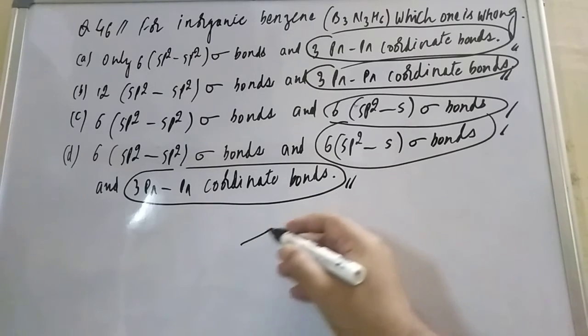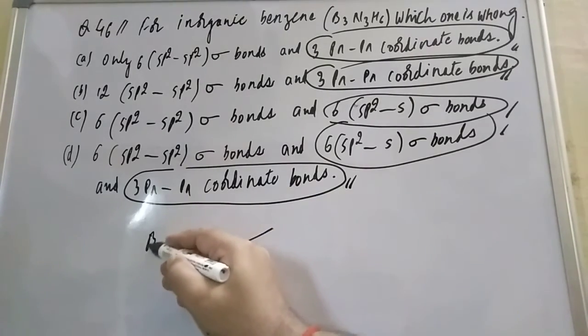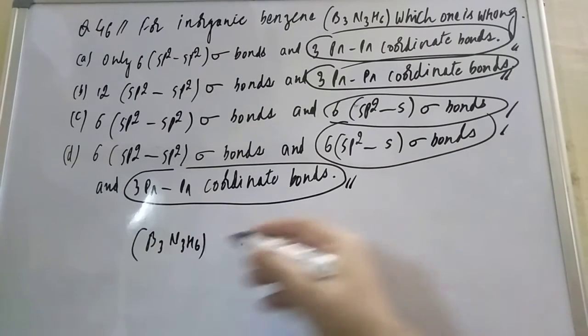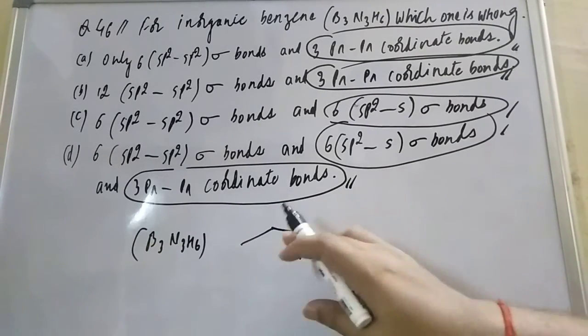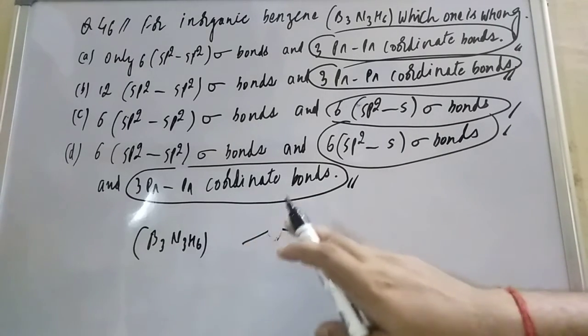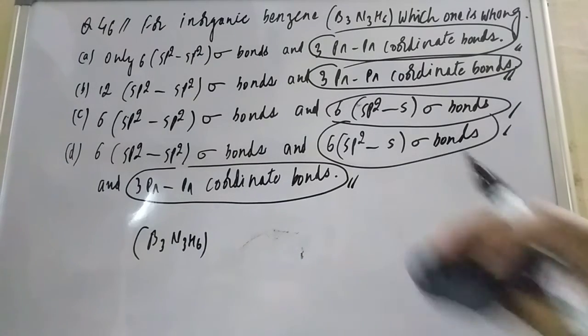If you want to see the structure, students, it is B3N3H6, inorganic benzene. If you want to put the boron atom in the center, we have to put boron and nitrogen atoms alternately, because 3 boron and 3 nitrogen atoms are there.